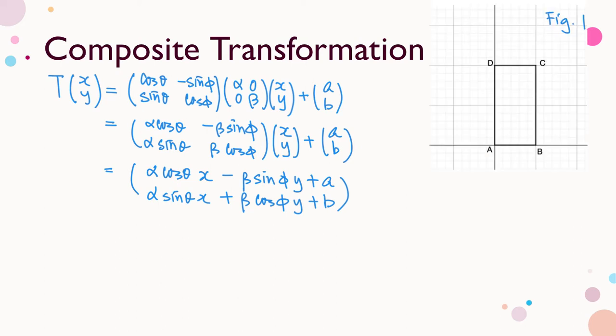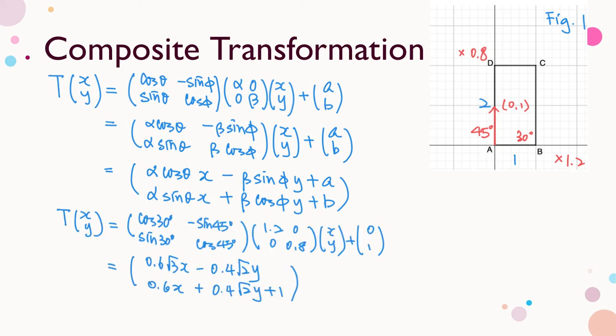Suppose a rectangle is given with a vertex located at the origin, and the dimensions are 1/2 as shown in figure 1. Assume the scaling factors are 1.2 and 0.8, and the rotation angles are 30 degrees and 45 degrees respectively, and the translation moves the origin to the point 0, 1. Then the transformation is given by the following expression.